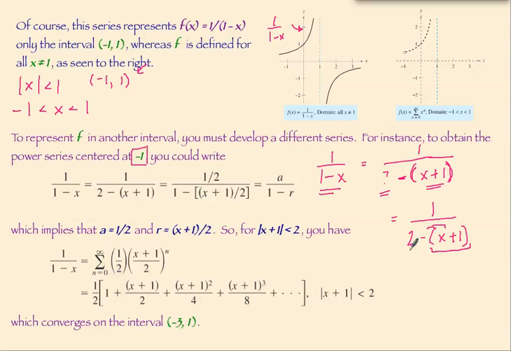So the way we're going to turn this 2 back into a 1 is we're going to divide every term in this rational expression by 2. Notice now that my numerator is 1/2. I have 1 minus, and now this becomes x plus 1 over 2.